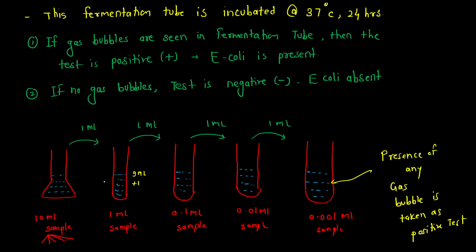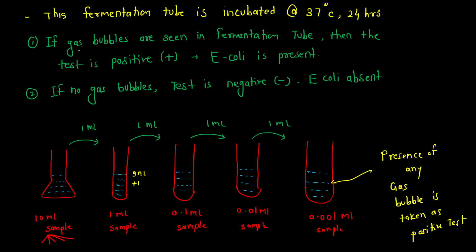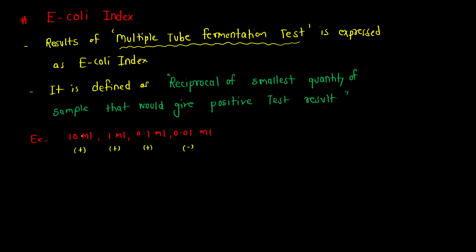Now in these fermentation tubes, when they consume the food, certain bubbles are generated, and if the bubbles are seen in the fermentation tube, then the test is positive. Same thing applies here: if in the 10 ml tube bubbles are seen, the test is positive. In the 1 ml tube bubbles are seen, the test is positive. Now in this 0.01 ml tube no bubbles are seen, that means the test is negative.